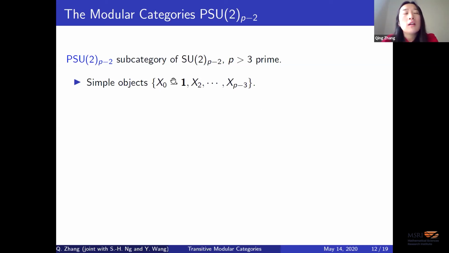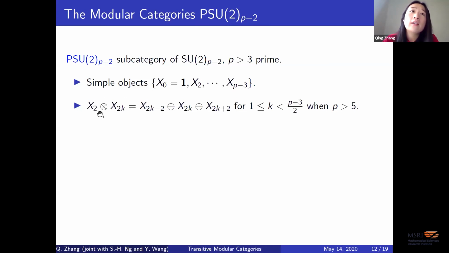And we label the simple objects by just those from SU2 level P-2 with even label. And here is an example of fusion rules for tensoring with X2. In fact, in this category, every non-trivial simple object generates the whole modular category.